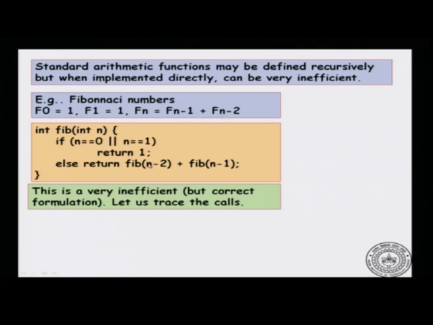So, if we code this up, it is a very simple function, int fib(int n). If n is 0 or n is 1, you return 1, otherwise you return fib of n minus 2 plus fib of n minus 1. So, here is a very simple arithmetic sequence which is defined in terms of a two-way recursion.